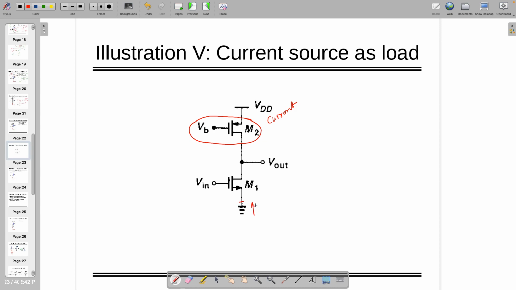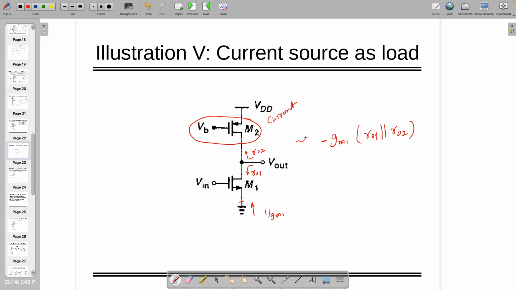Looking from this side, I am going to see 1 by gm1. Looking from here, I am going to see ro1. Looking upside, it is ro2, right? So then the gain is minus gm1 times ro1 in shunt with ro2. Do you agree with this one? Right? It's again an approximated value, right?